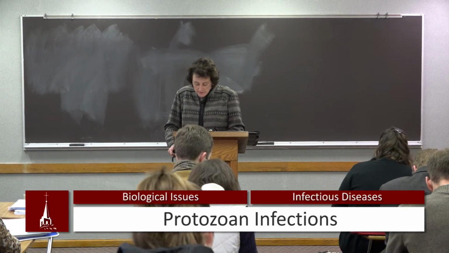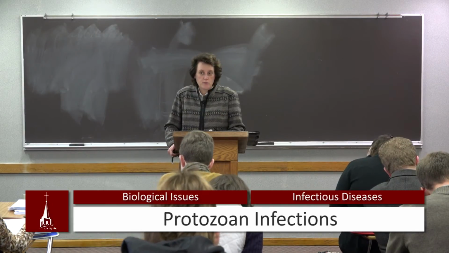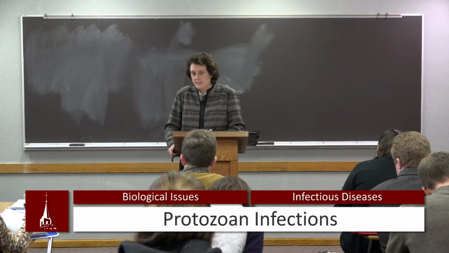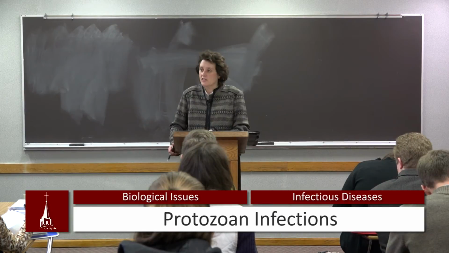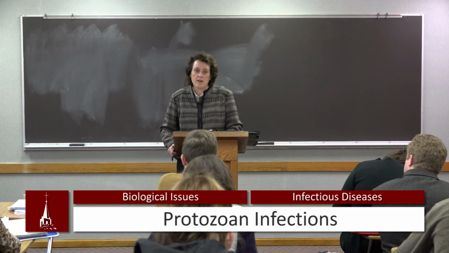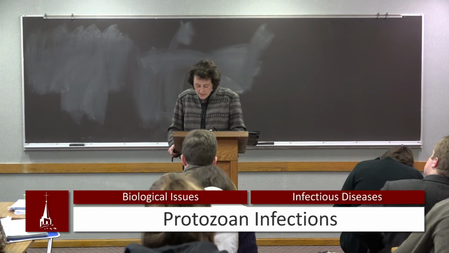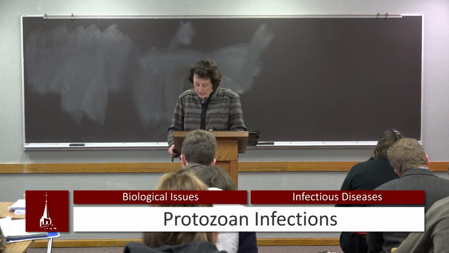Examples of protozoan infections. These are the type of infections that if you go to places like Southeast Asia, places like Africa, places like South America, you may have trouble with these. The first example is amoebic dysentery.